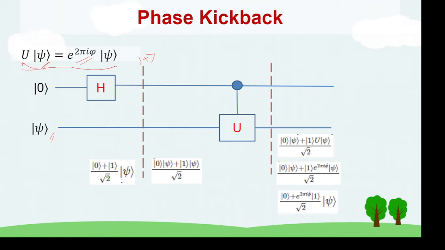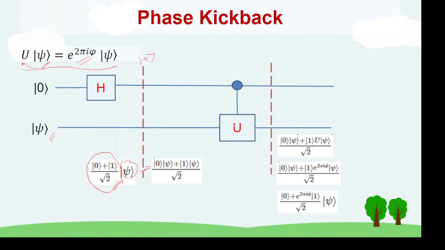We can represent it like this, the first gate acting on the first qubit and then the second qubit. This also can be expressed like this, taking the tensor product. All right, so here we have plus and psi.